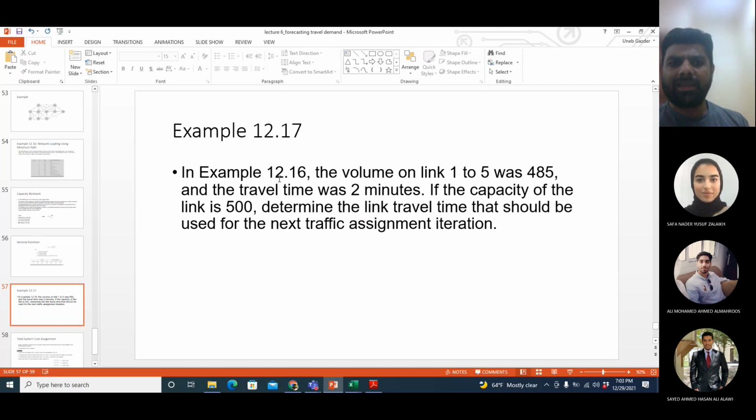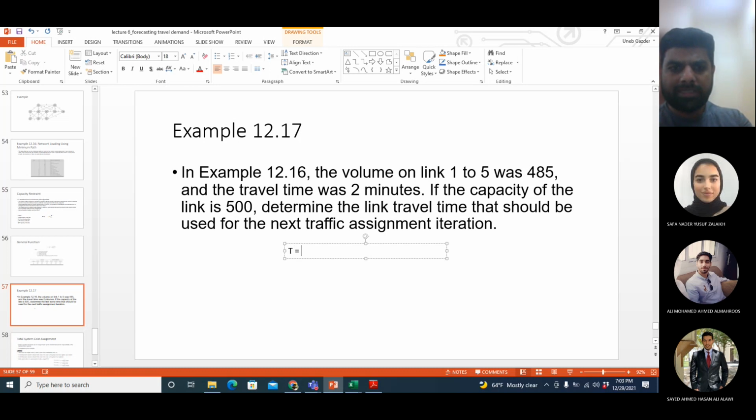Let's say in example 12.16, the volume on link 1 to 5 was 485, and the travel time is 2 minutes. Capacity is 500. Find the link travel time that should be used for the next traffic assignment iteration. That is very easy. It takes less time. I want to calculate T here.